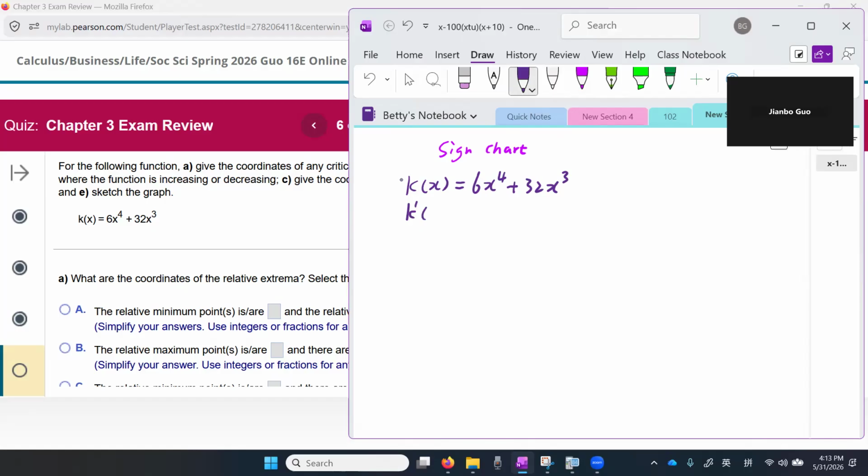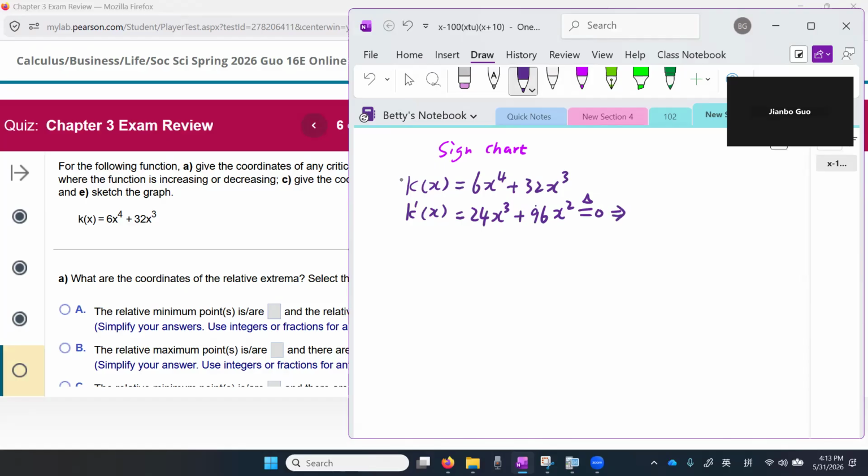And then we are going to take the first derivative. x to the power 4 gives 4x cubed, 4 times 6 is 24. 32 times 3 is 96, x squared, all right? Now we're going to set the first derivative equal to 0.